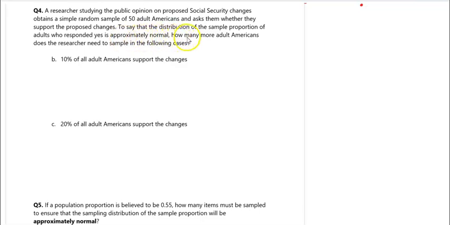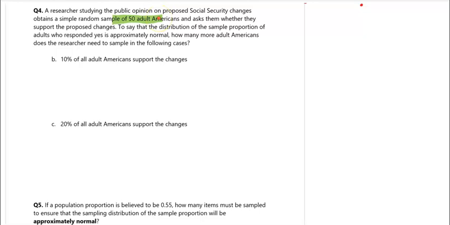So they want to find more. We don't care about 50 right now. We care about how many they need, and then we'll find how many more they need than 50.